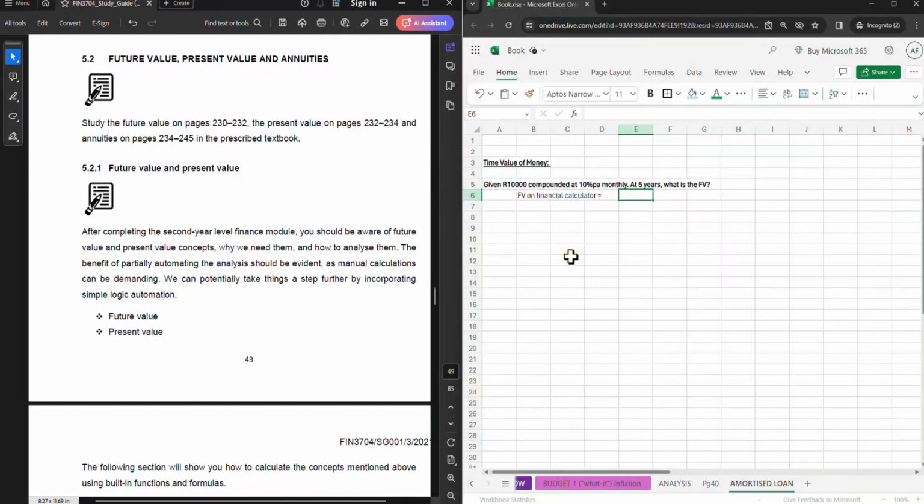Is it compounded monthly, you say? Yeah, so remember I-12, you need to divide by 12, so 10 divided by 12. Which calculator do you use, the HP, the Sharp, or the Casio? Sharp.